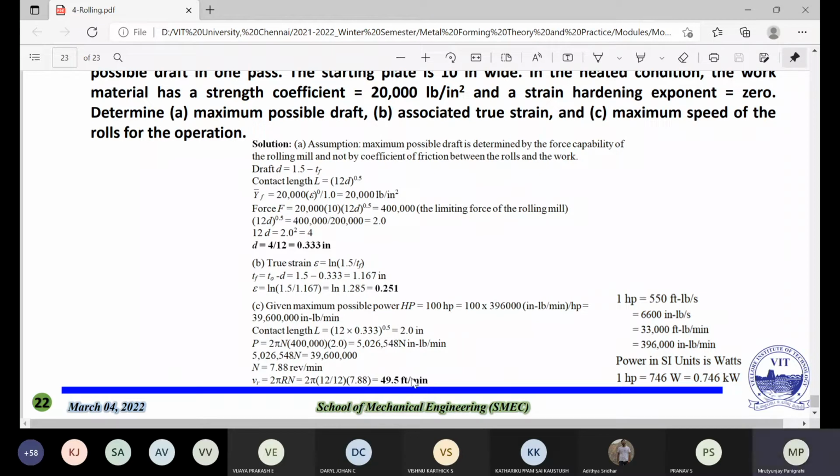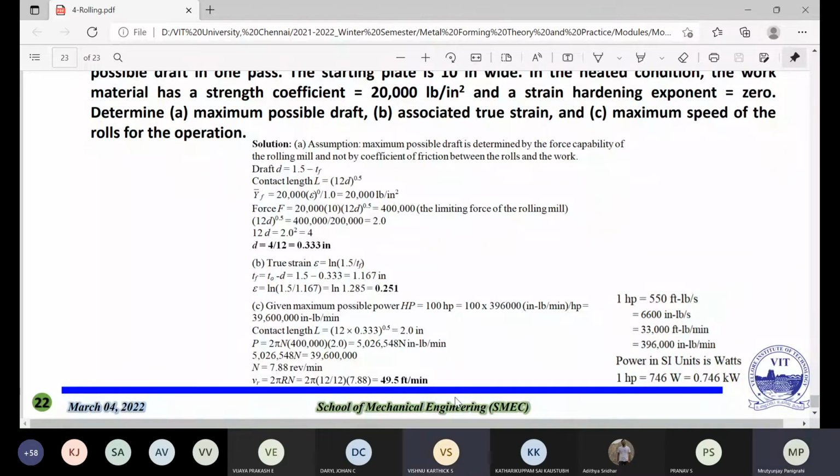You can check this in units, because I think it will be feet per minute or inch per minute, or maybe after inch it is already converted. Just check this one. Maybe I will cross check again.